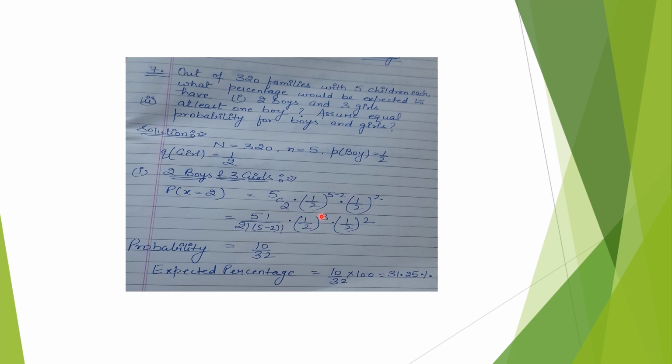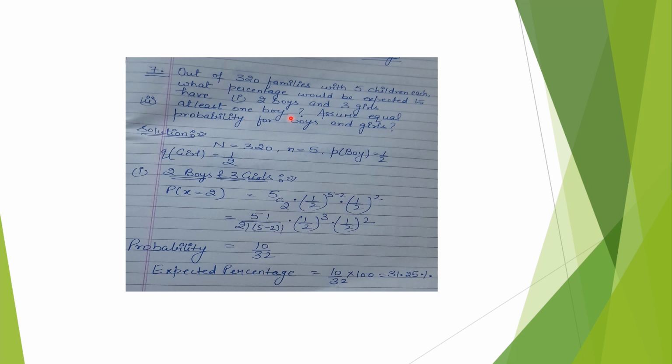The value of q is 1 by 2, and n minus x, in place of n we will write 5, and in place of x we will write 2. Next, p and its power is x, and the value of p is 1 by 2, and the value of x is 2. After substituting all these values into the formula and solving it, we will get the final probability, which is 10 by 32.